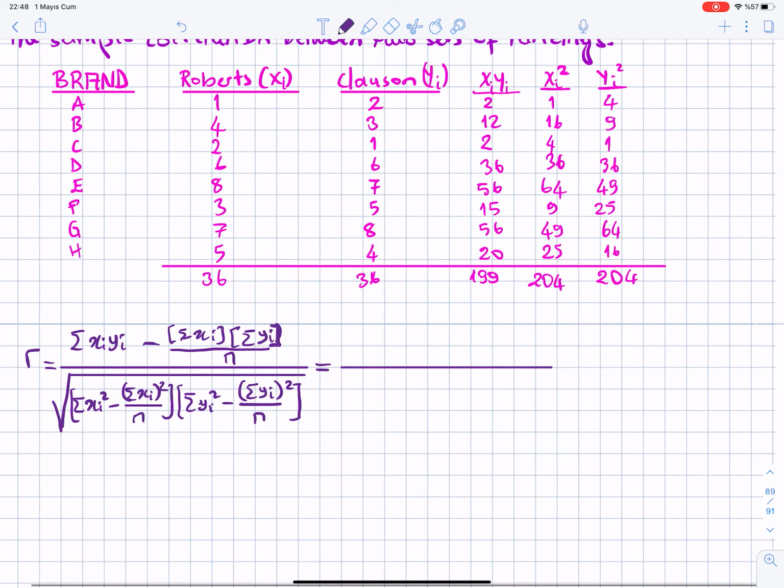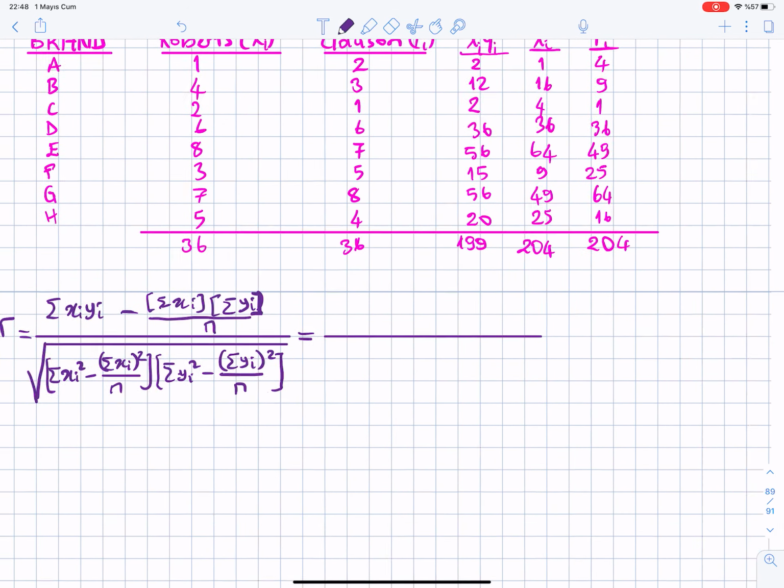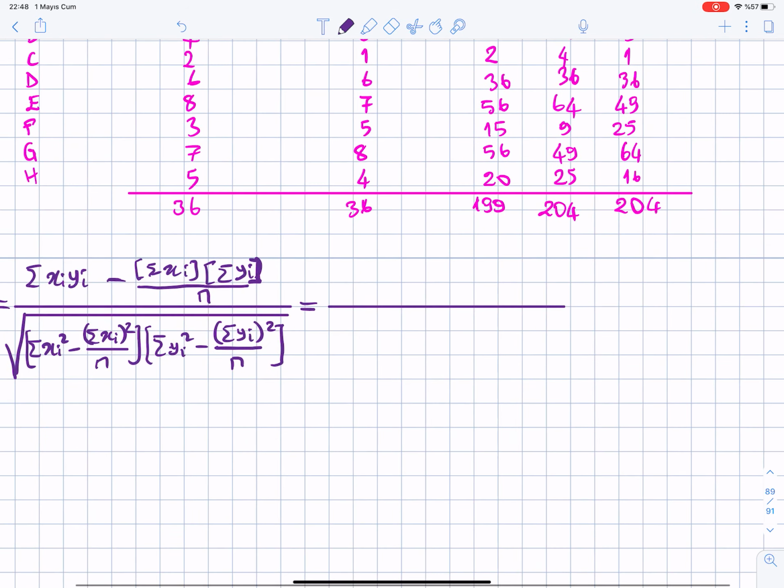The sum of xi yi is 199, minus the sum of x, 36, times 36, divided by 8.